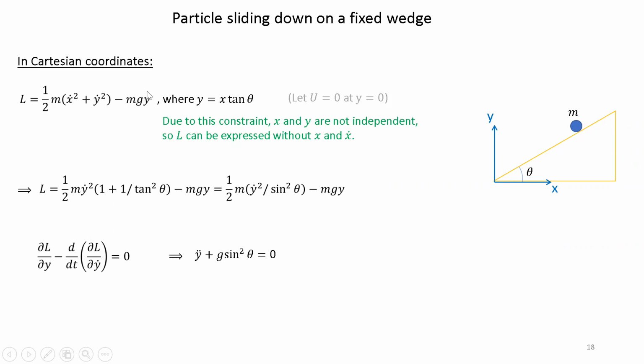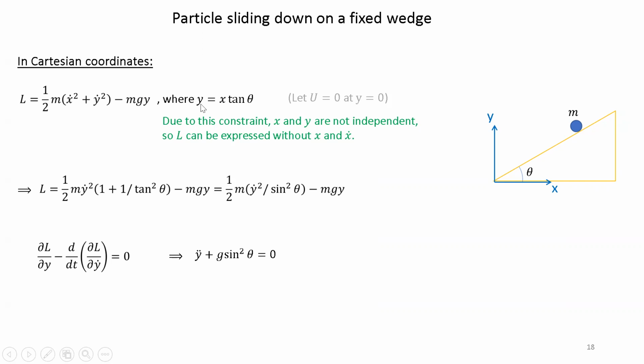Again, it is not really free to move anywhere on the XY plane. It's just free to move along this line. So again, I can write down this so-called constraint equation, that the XY coordinates need to satisfy this relation.